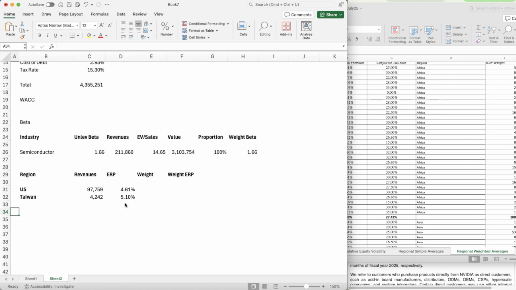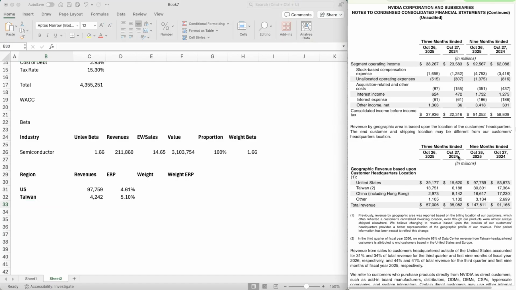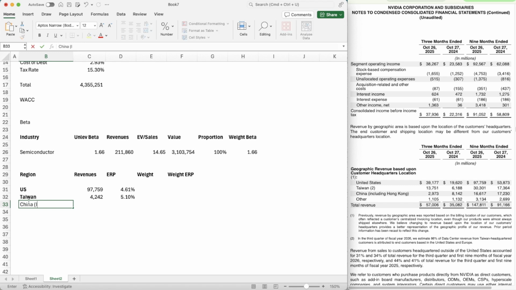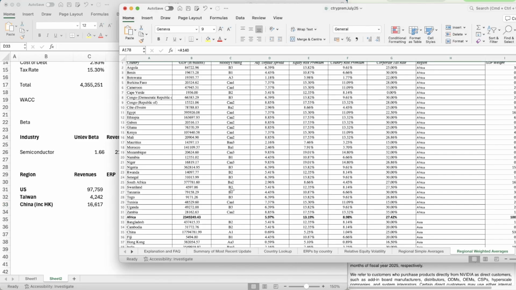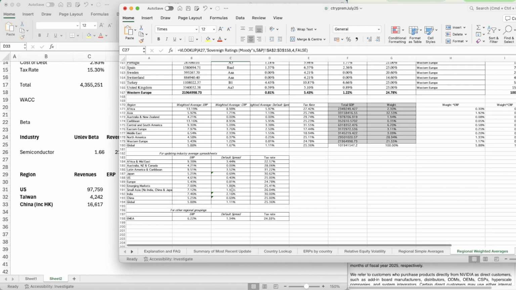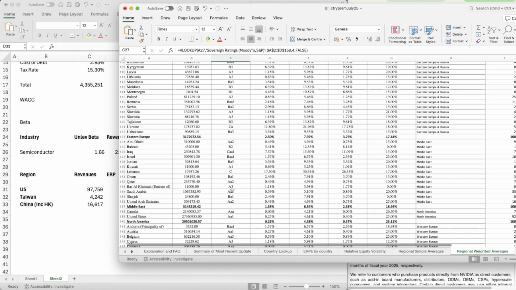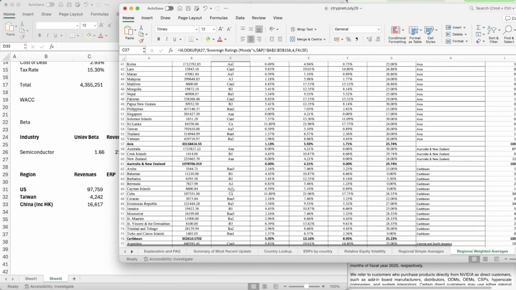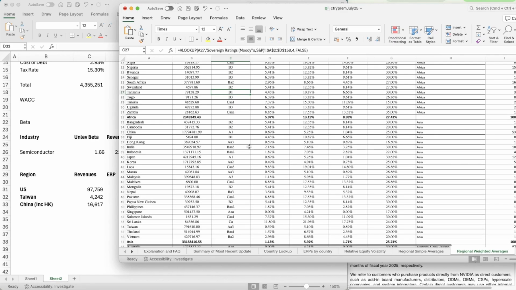Then the next one, let's do China first. That is 16,617. Your equity risk premium is, they're about the same.